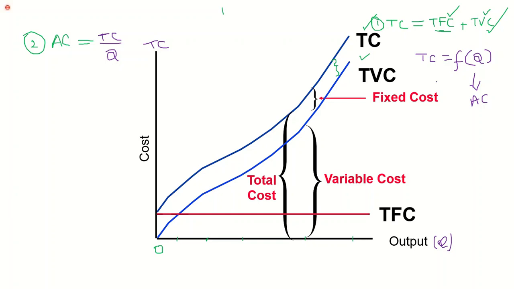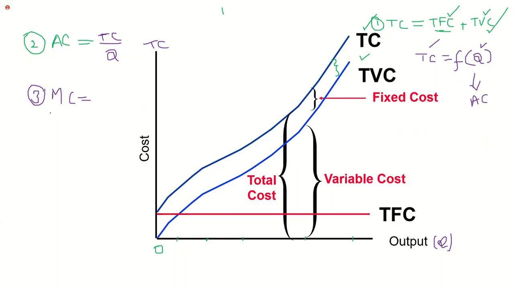Total cost divided by output. So total cost divided by the output. And then we can also derive something very important, another relationship. Marginal cost, how do you calculate the marginal cost?